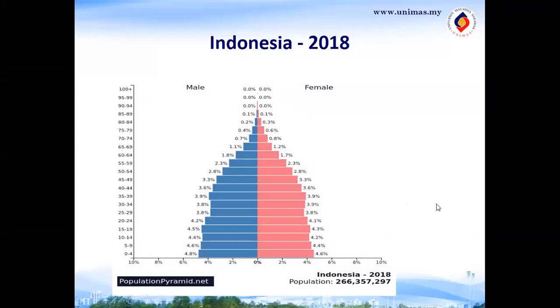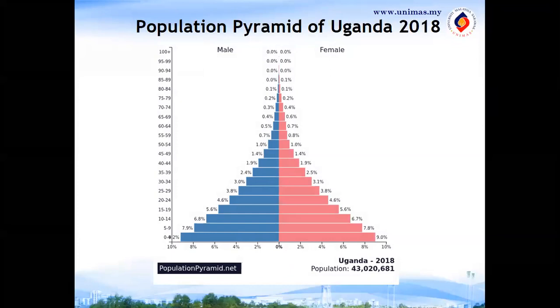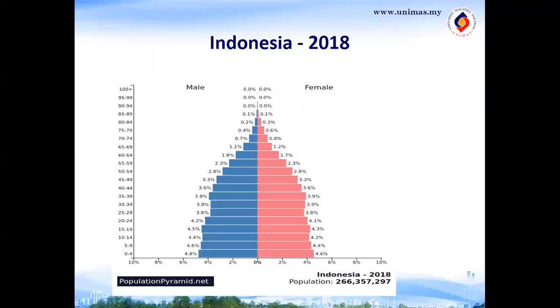Another example is Indonesia, much better compared to Uganda. This one is already moving towards rectangular, but still has that sharp end at the top.